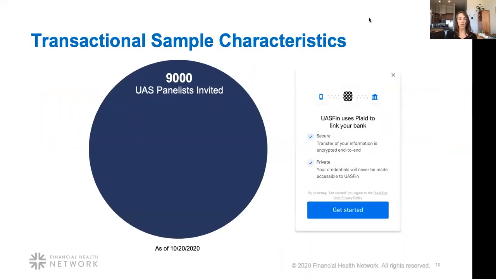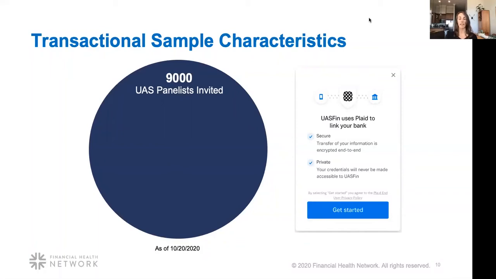The transactional data that we use in the 2020 Trends Report that we'll share with you in just a few moments today is also collected from members of USC's nationally representative Understanding America Study, or UAS panel.